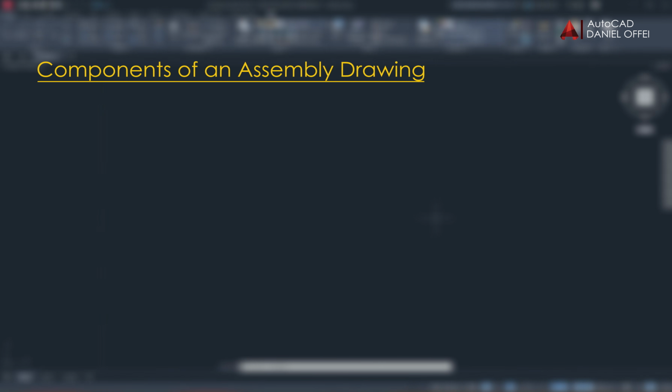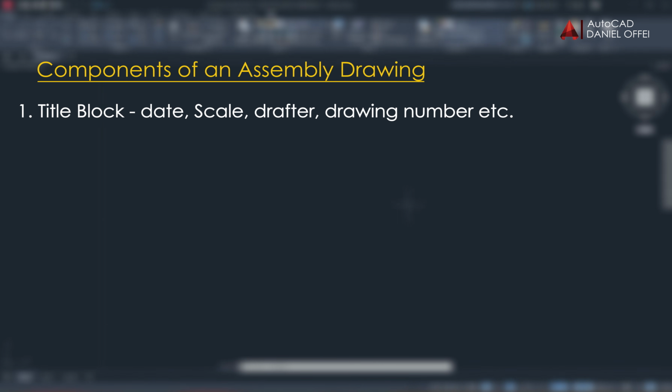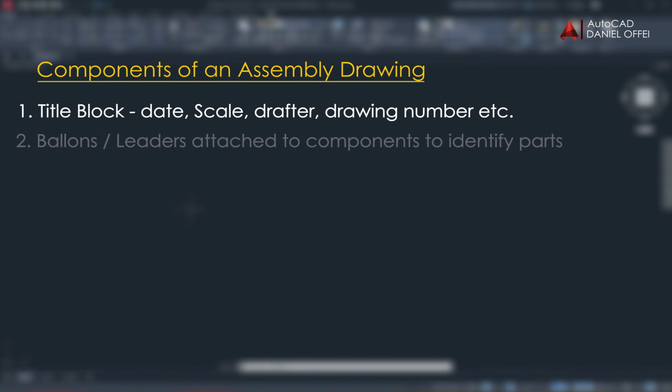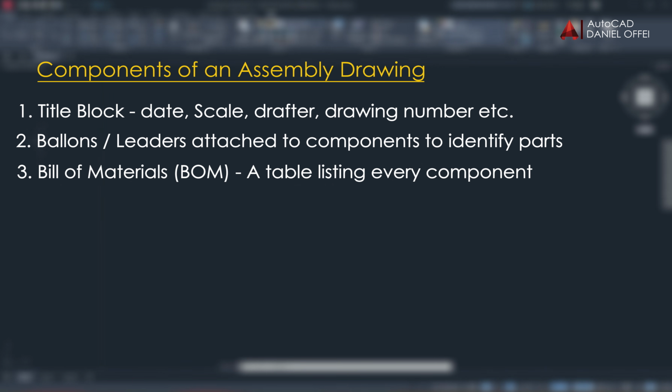And what do we need to see in an assembly drawing? The components of an assembly drawing are: one, a title block, which shows us the date, the scale, the person who is drawing it, and any other detail that we can get from that particular paper. Then we also use balloons or leaders to communicate to any reader what certain parts or components are on that particular drawing. Then we also need to see the bill of materials.